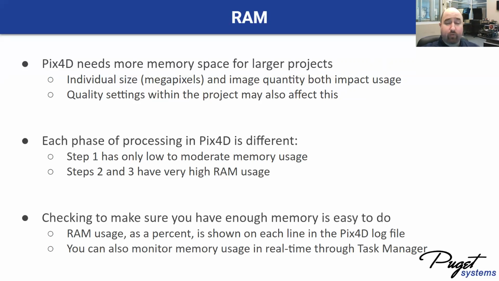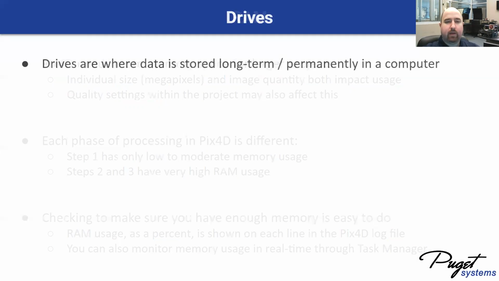If you want to monitor in real time, you can also do that through Windows Task Manager if you're familiar with doing that. If not, it's very easy. You can find tutorials online for how to look at that. But those will let you see. And if you're regularly using 80 to 90% of your system memory, there's a good chance that it's actually trying to use more, and Windows is already starting to shuffle some of that off into the page file.